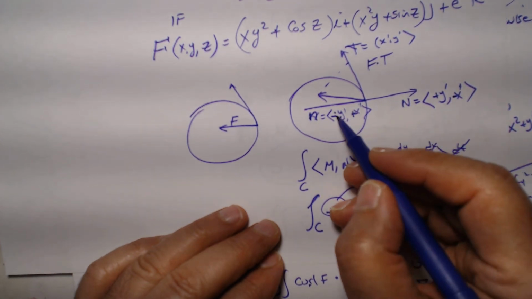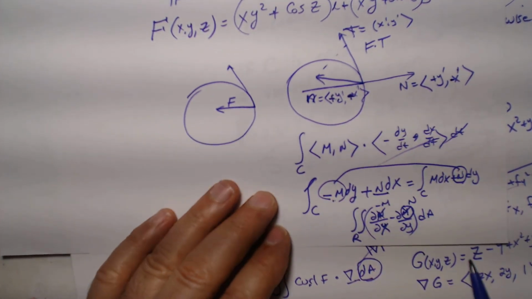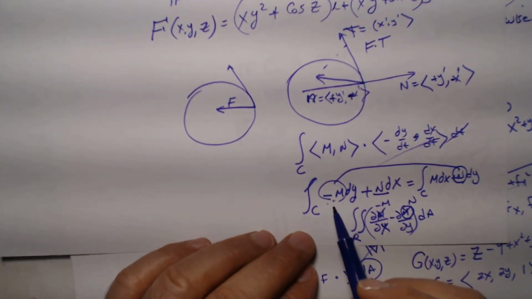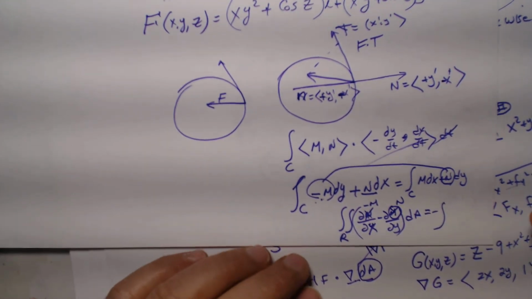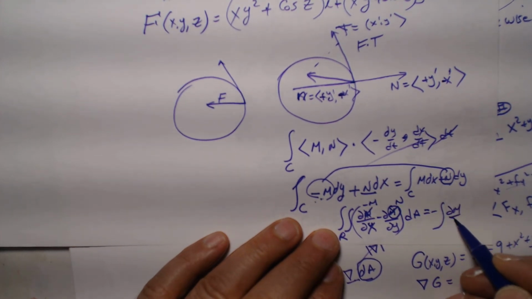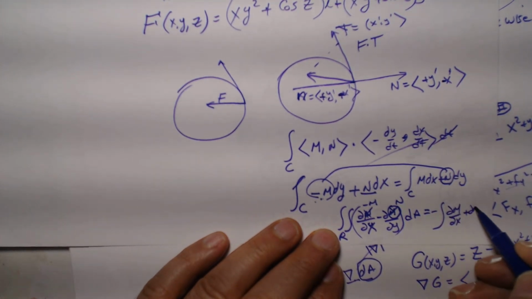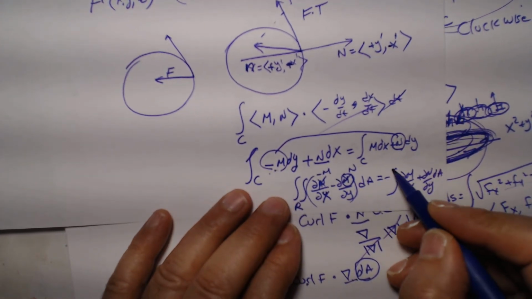In here I should have both positive, because if I factor out a negative, it is going to come in, but I want it to go out: the partial derivative of M with respect to x plus the partial of N with respect to y dA, and that's the double integral over the region.